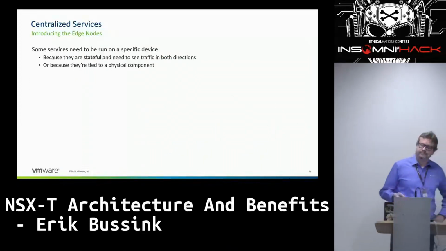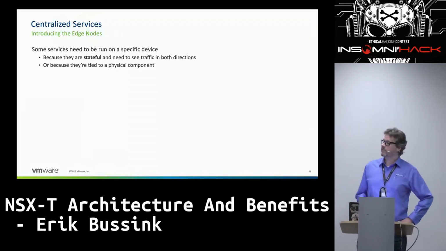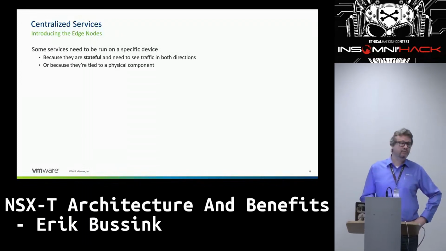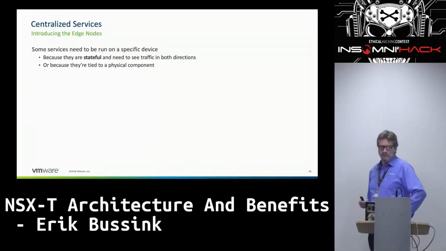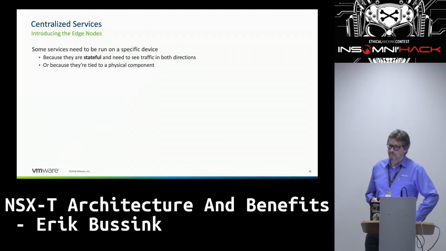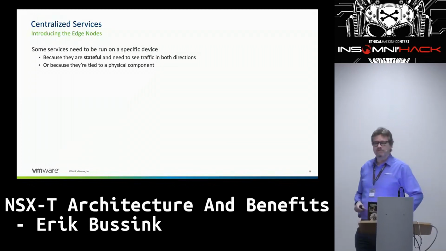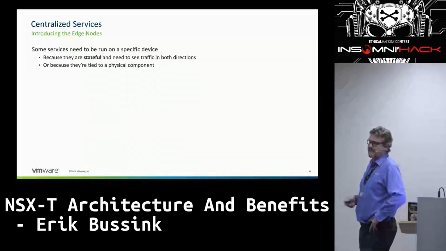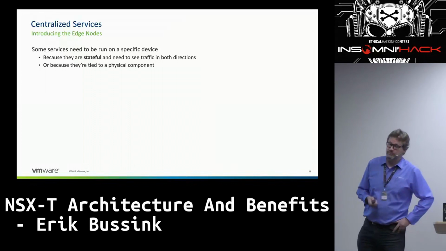So the thing with asymmetrical routing is that there are some functions that we cannot do if we only have one way of the traffic. Anything that requires a stateful service, like north-south firewall, load balancing, NAT, DHCP, these functions cannot be distributed across the hosts.